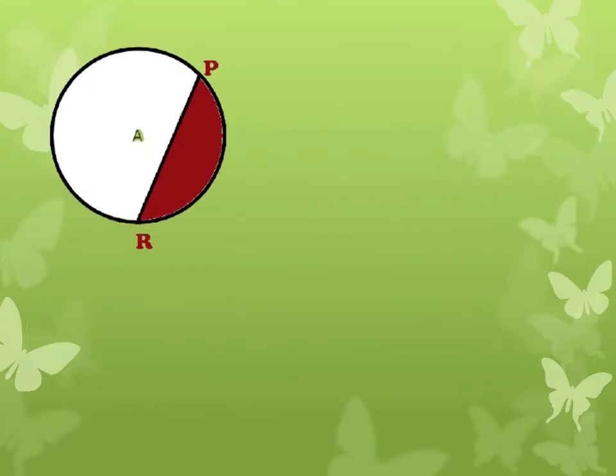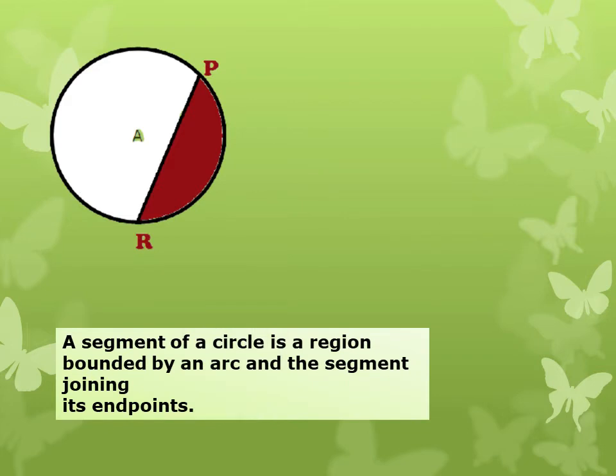Let's have another figure. We have circle A with chord PR. That is called a segment of a circle. A segment of a circle is a region bounded by an arc and the segment joining its endpoints.